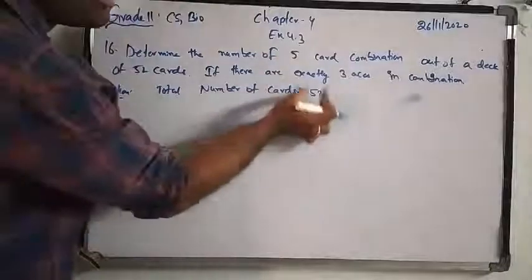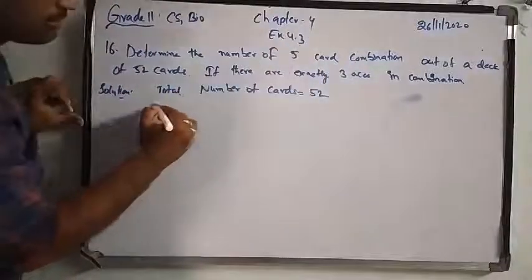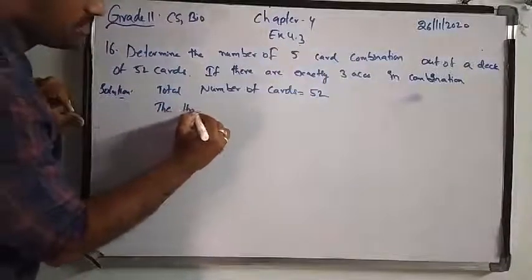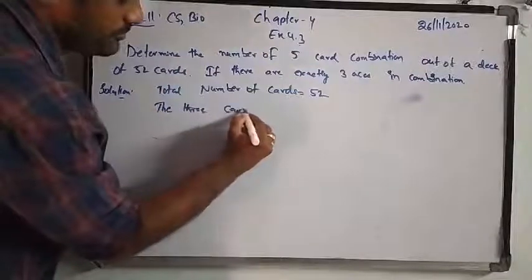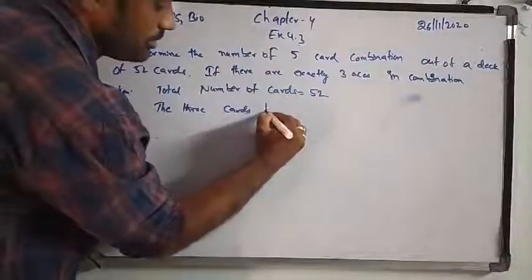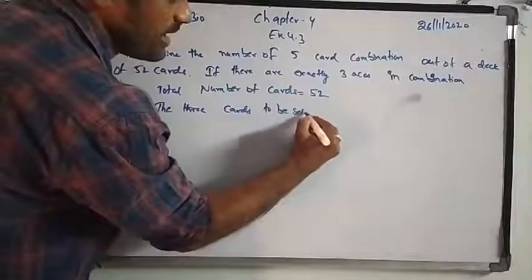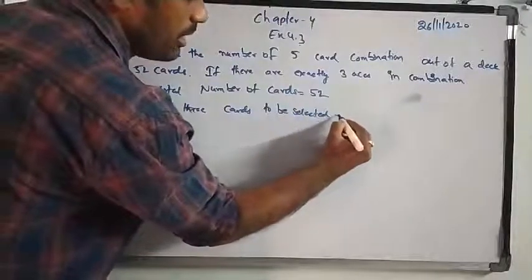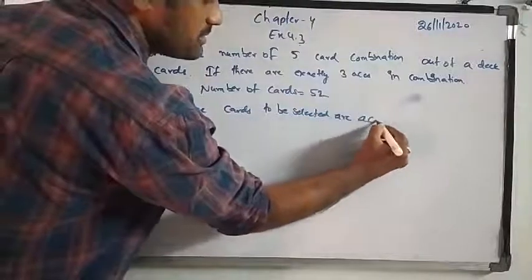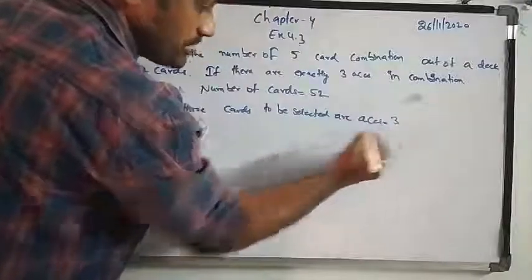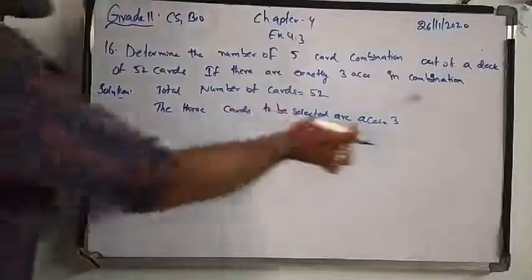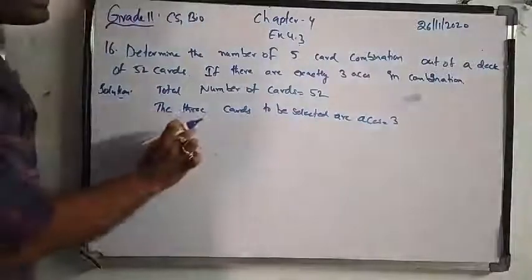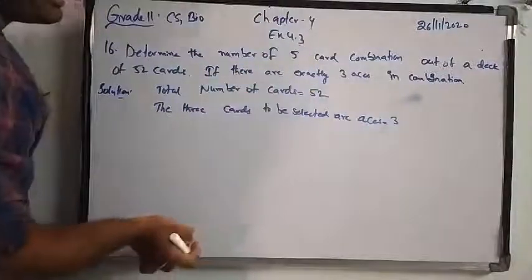In these 52 cards, we need to select 5 cards. So the 3 cards to be selected are aces. So we need to select totally 3 cards, and those 3 cards need to be aces, and the remaining 2 cards can be anything.